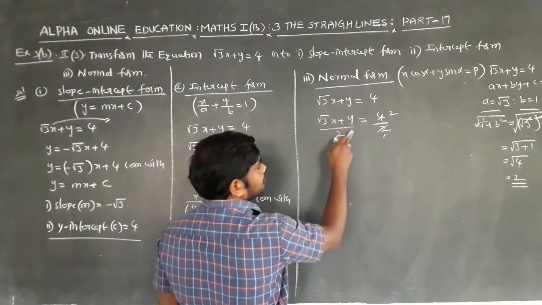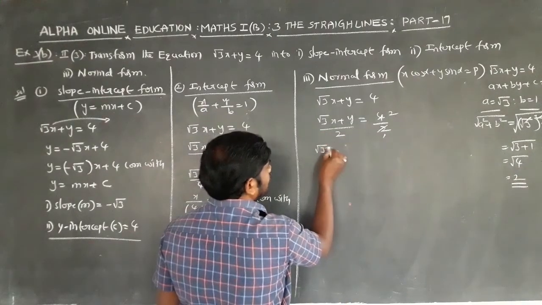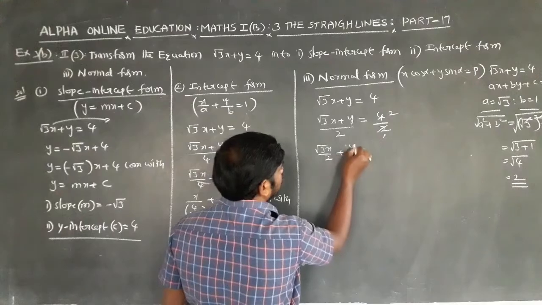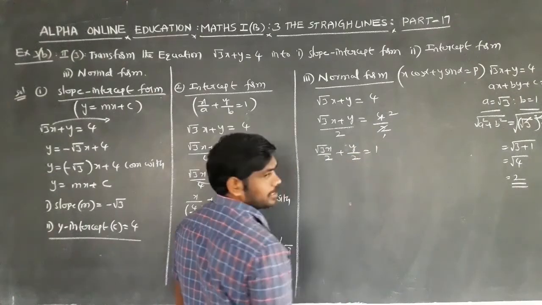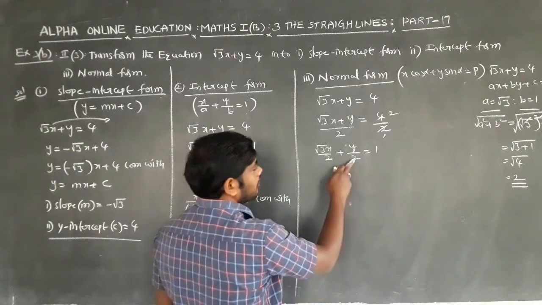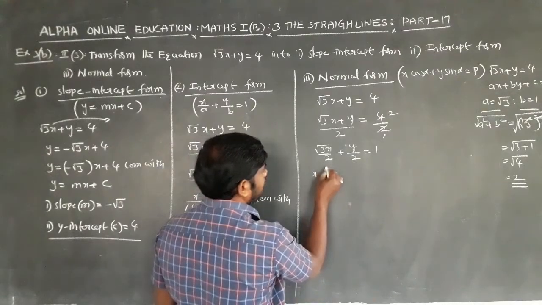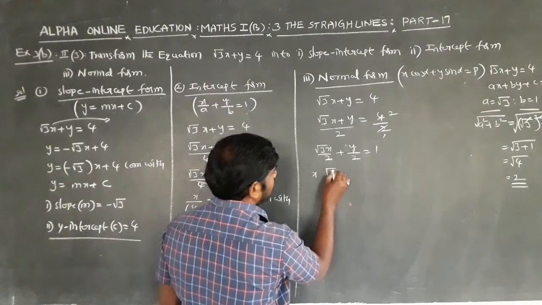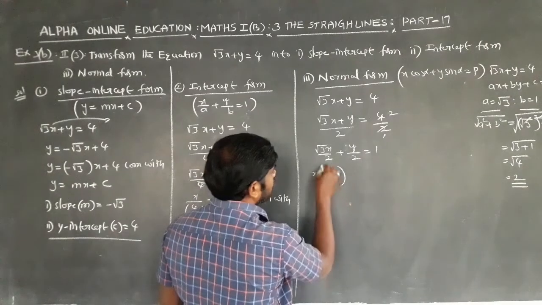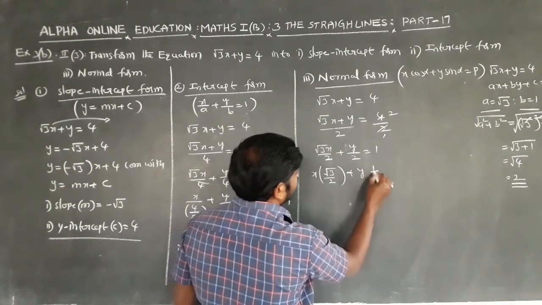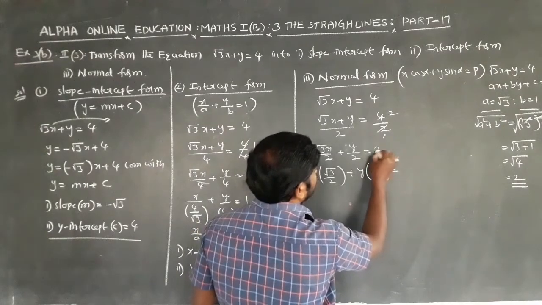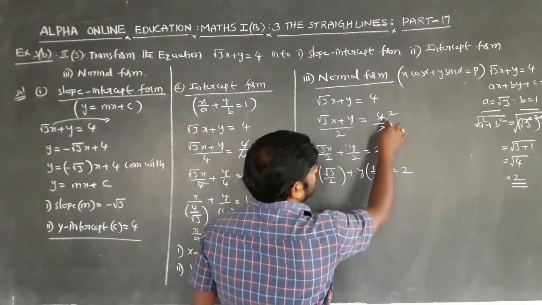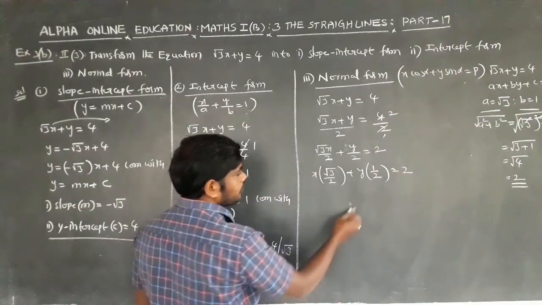(√3x + y)/2, so √3x/2 + y/2 = 1. It can be written in the form x·(√3/2) + y·(1/2) = 2.